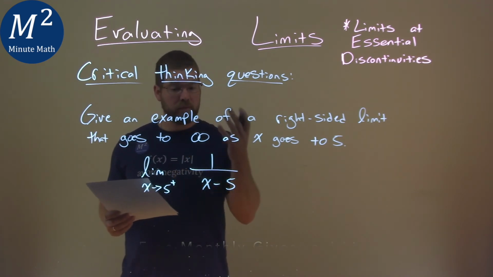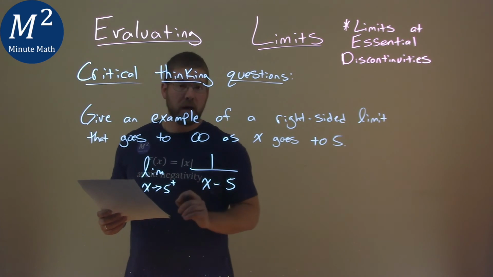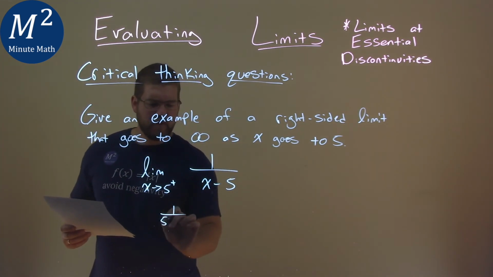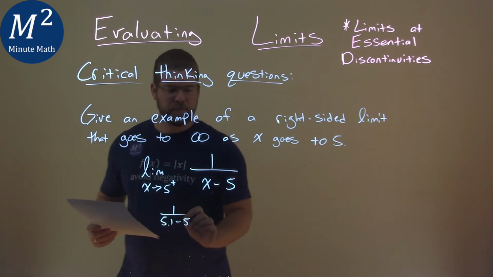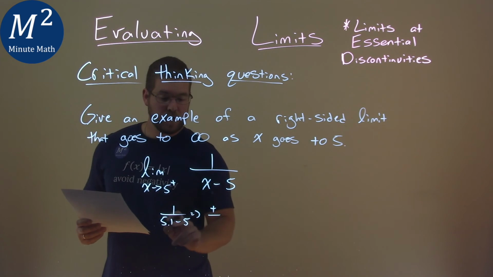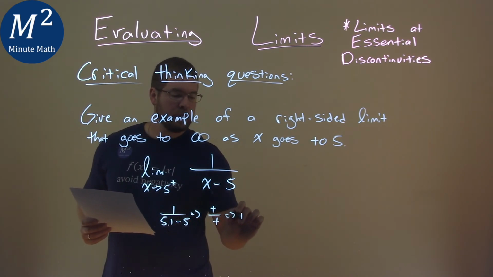Great, going to some infinity. But notice the values just to the right of 5 will make it positive, right? So if we test that out, if I pick a 5.1, we have 5.1 minus 5. Is this positive in the numerator? Yes. Denominator will be positive. Positive over positive is a positive.